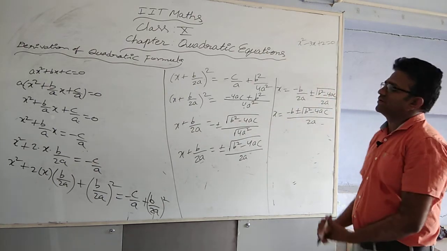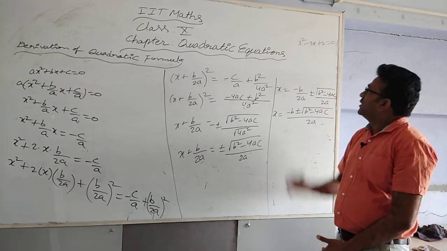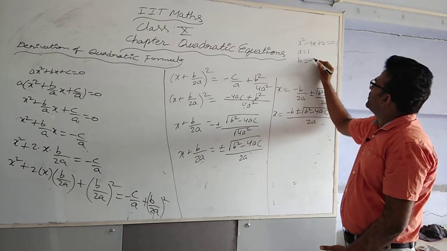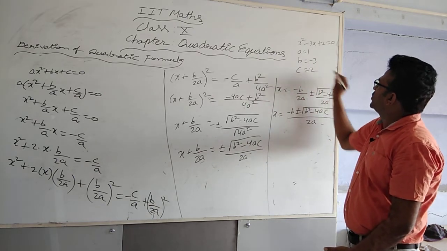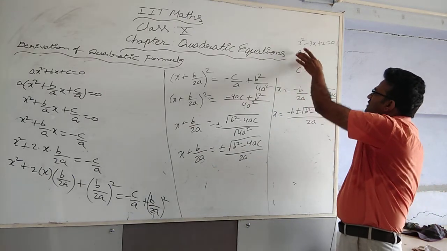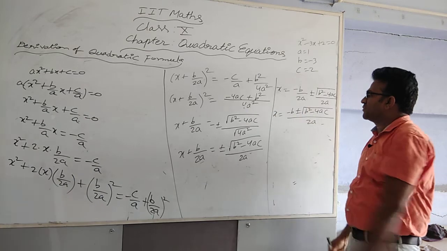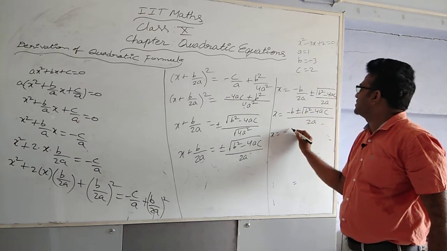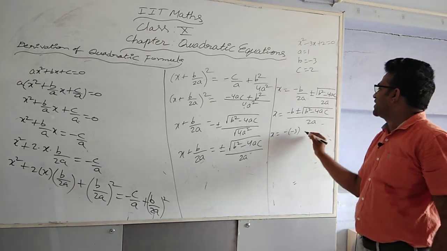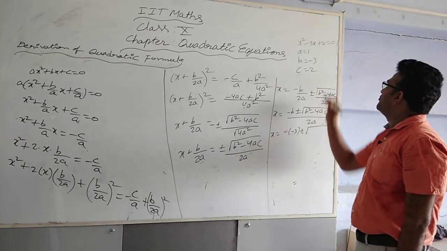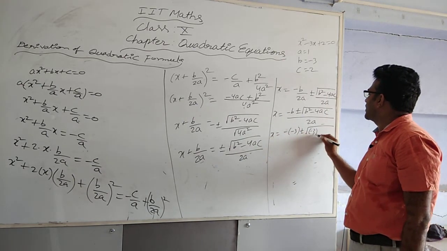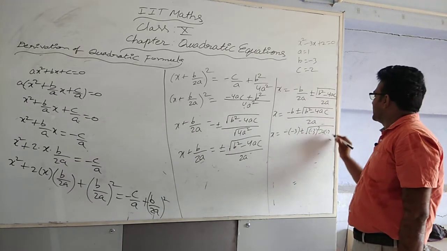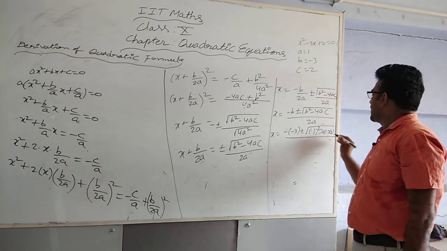So here a equals 1, b equals minus 3, c equals 2. Substitute these values into the quadratic formula. Then x is equal to minus of minus 3 plus or minus root of minus 3 whole square minus 4 into a 1, c 2, by 2 into 1.